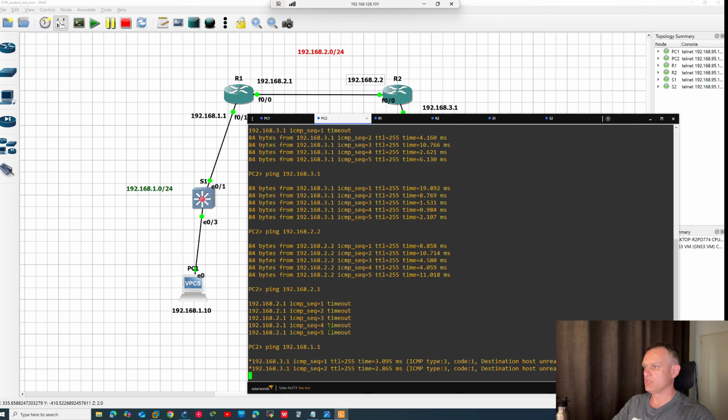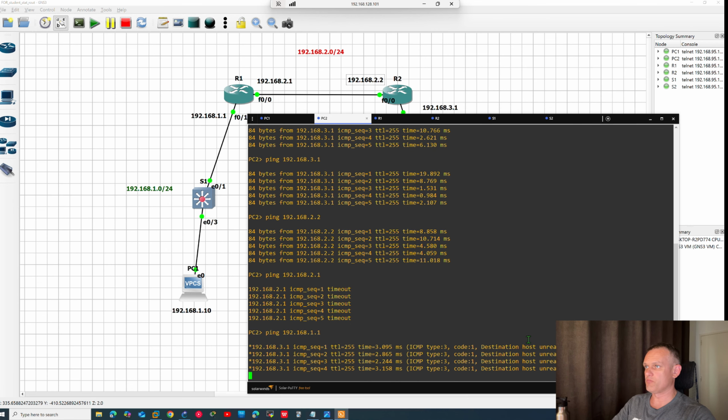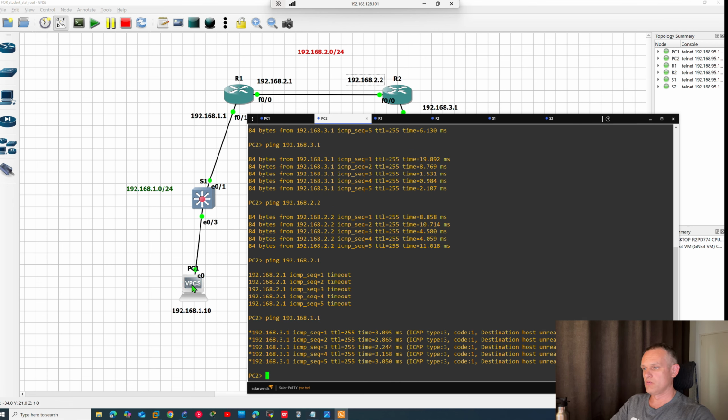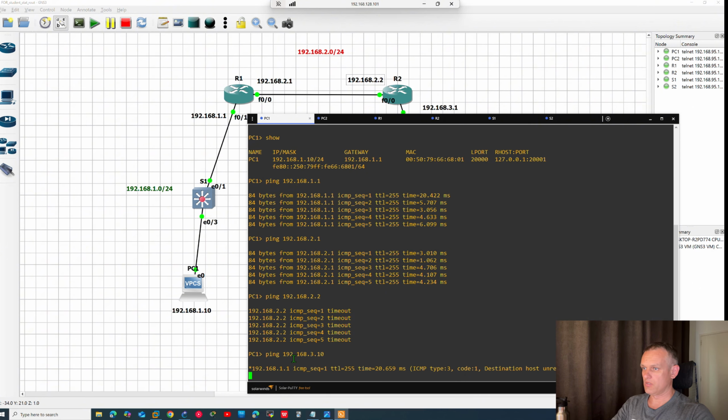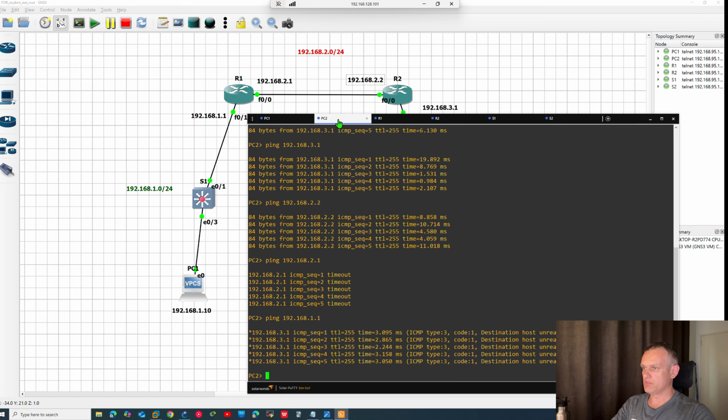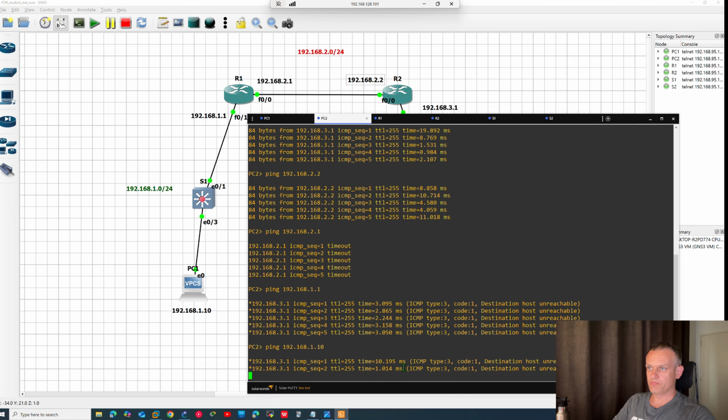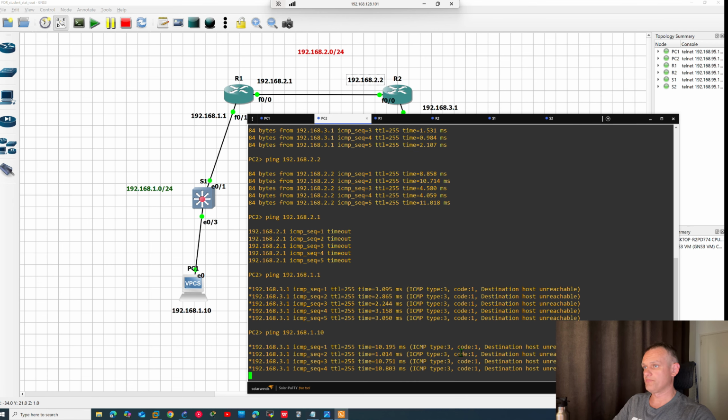Destination host unreachable, destination unreachable. From this side, from PC1 to PC2, 3.10, enter. The same story. Oh no, it's something else. Default gateway. Unreachable. Okay.